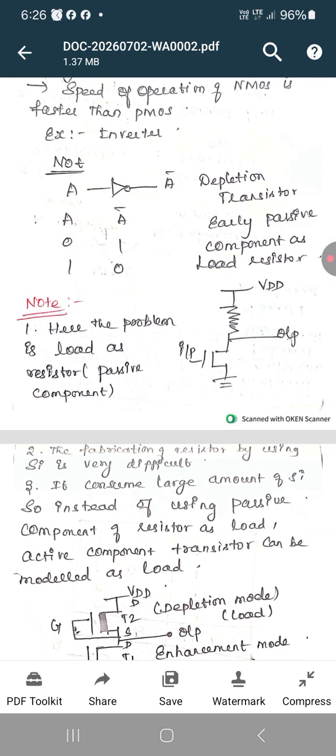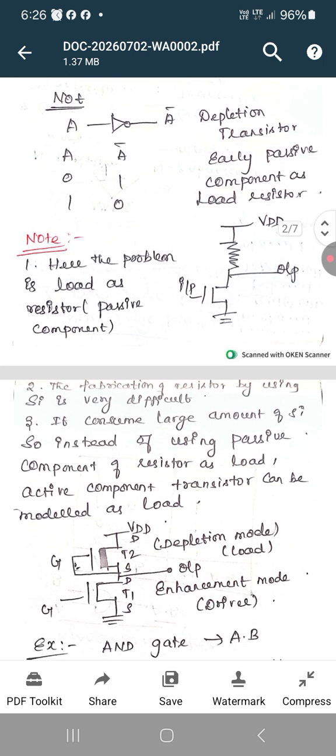So earlier days we used a resistor element between VDD and output, and between ground and output an enhancement transistor, that is VSS to output. But because of these drawbacks, later they moved to an active transistor between VDD and output as the T2 depletion mode transistor.